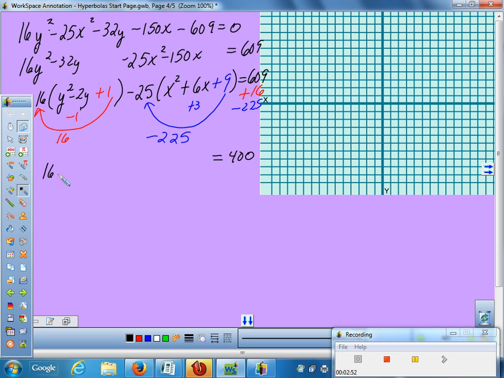So then you have to go back. What quantity squared did you make out of that trinomial? Y minus 1. Bring the minus 1 down. That's why I write it there. And then that'll be x plus 3. Make sure you put your squares on the outside of the parentheses. Last but not least, what do I do? Divide by 400.